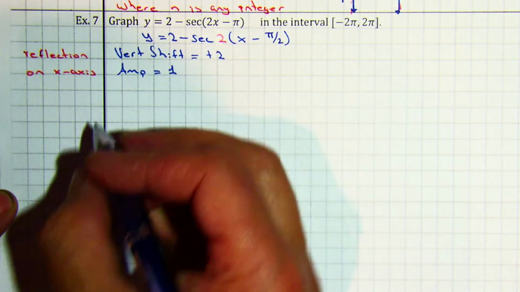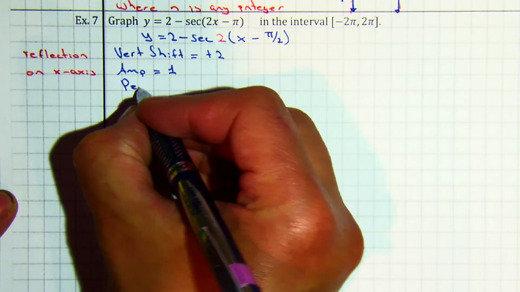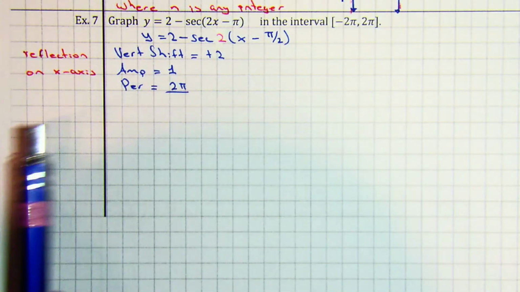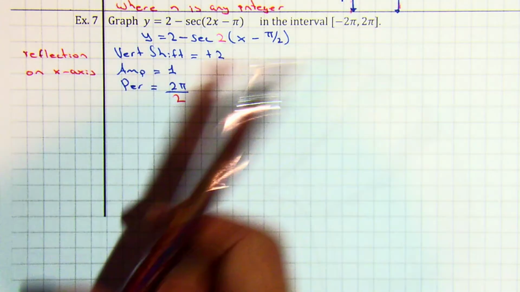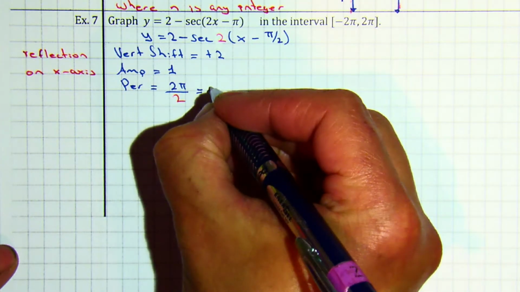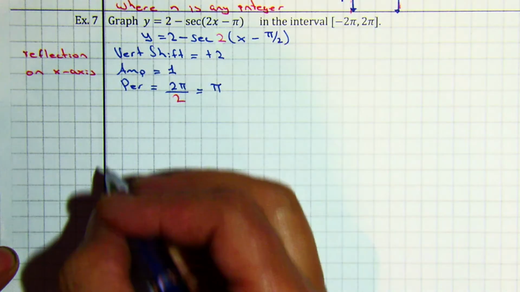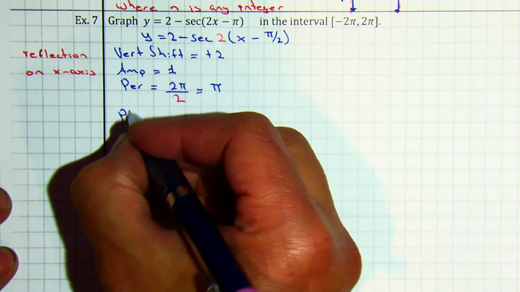My 2 will be my b, so my period will be 2 pi over b, which is 2 pi over 2, so therefore my period will be pi. And my negative pi over 2 will be my phase shift, my horizontal shift, which we call phase shift.